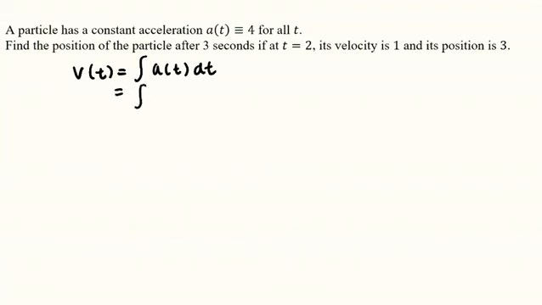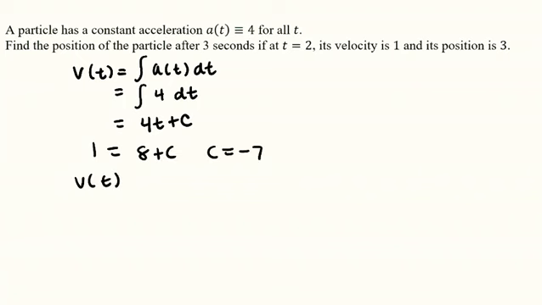So that's going to be the antiderivative of 4, which is 4t plus c. Okay, so I used that after 2 seconds, the velocity is 1. So velocity is 1 when t is 2, meaning that c is negative 7. So v of t equals 4t minus 7.